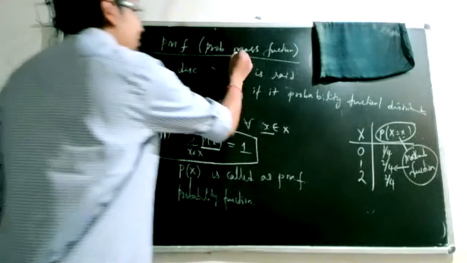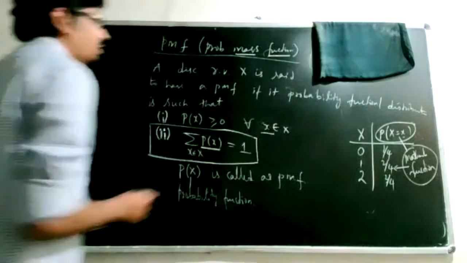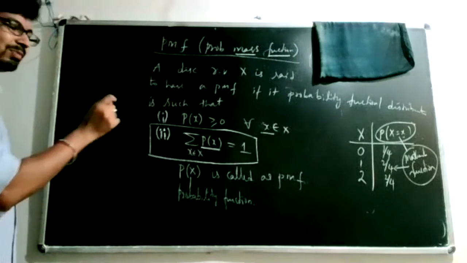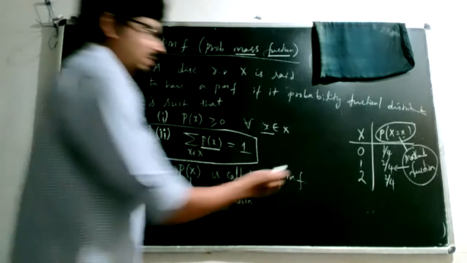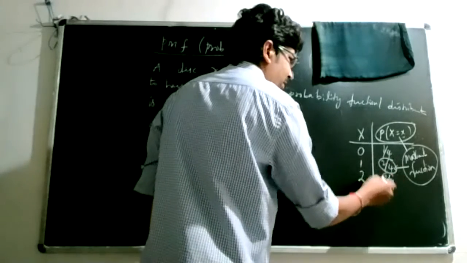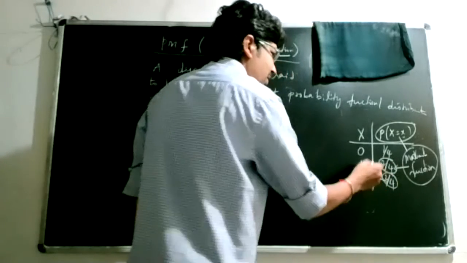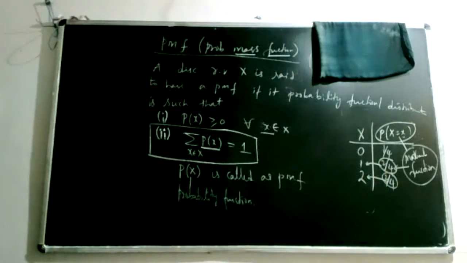And the reason why it is called a mass function is that you are observing the probabilities for particular values of x. So you can come up with a probability for discrete, particular values of x.